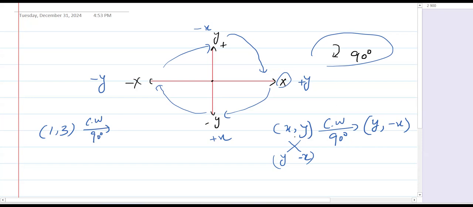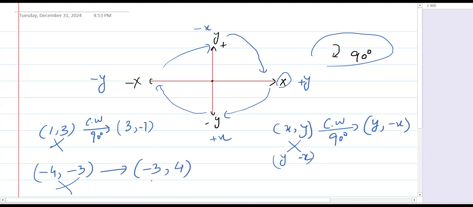This is a rule: they both will change places, and the sign will change. Let's suppose you have -4,-3. If you are doing 90-degree clockwise, this will come here, this will also come here, but we have to change the sign. So this is the rule for 90-degree.